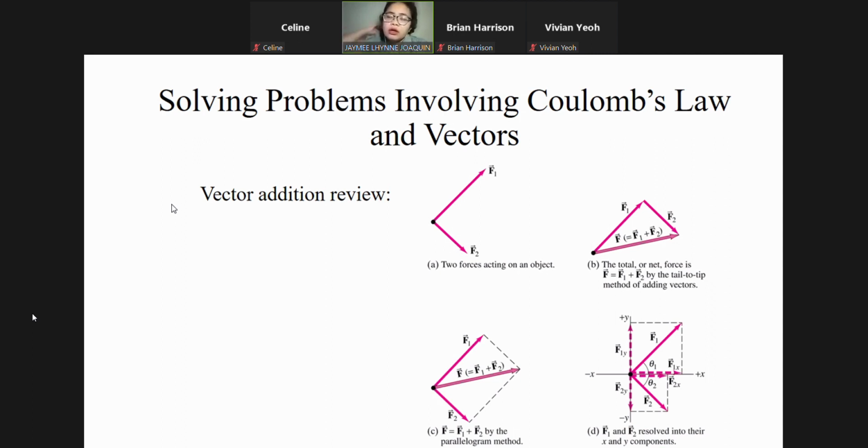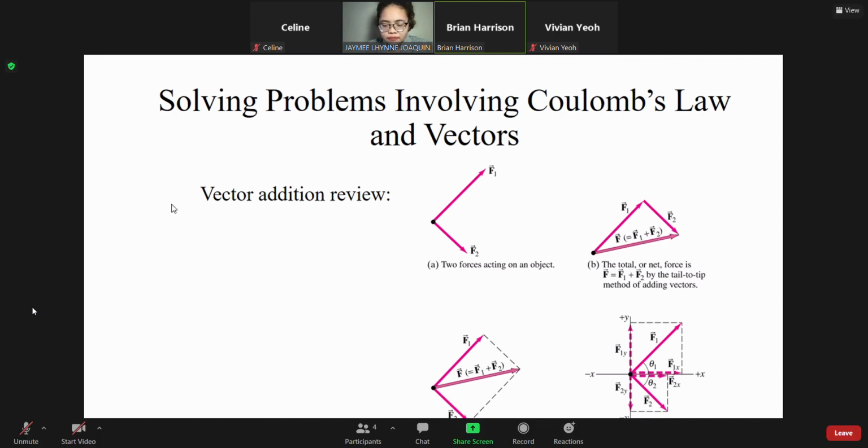Here, to get the F net of these vectors, we will follow the formula for the Pythagorean theorem. Can you still remember the formula? Anyone? It's a squared plus b squared equals c squared. Okay, very good.